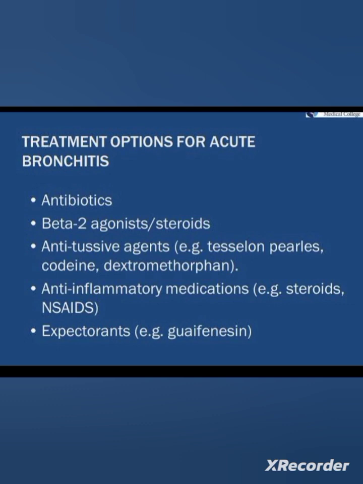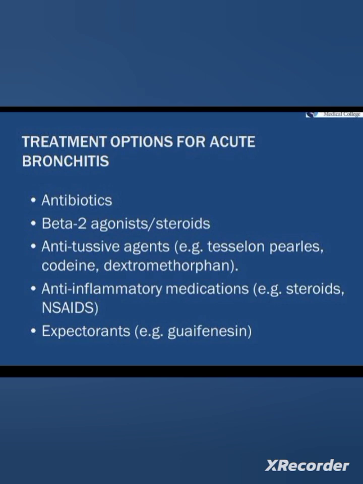Then steam inhalation: the steam will dilute the mucus so that it comes out. Then moist heat application is also a good method, then humidifiers. In case of extreme decrease in O2 level, we will give O2 administration. So these all are the management for bronchitis.